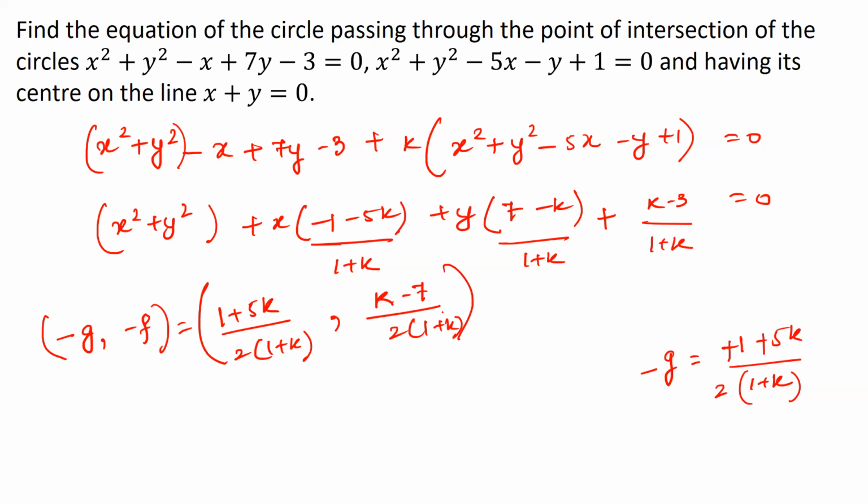Now the question says that this center lies on this line. That means it should satisfy this equation. So I put these things in place of x and y. So I get 1 plus 5k divided by 2 plus 2k plus k minus 7 divided by 2 plus 2k is equal to 0.